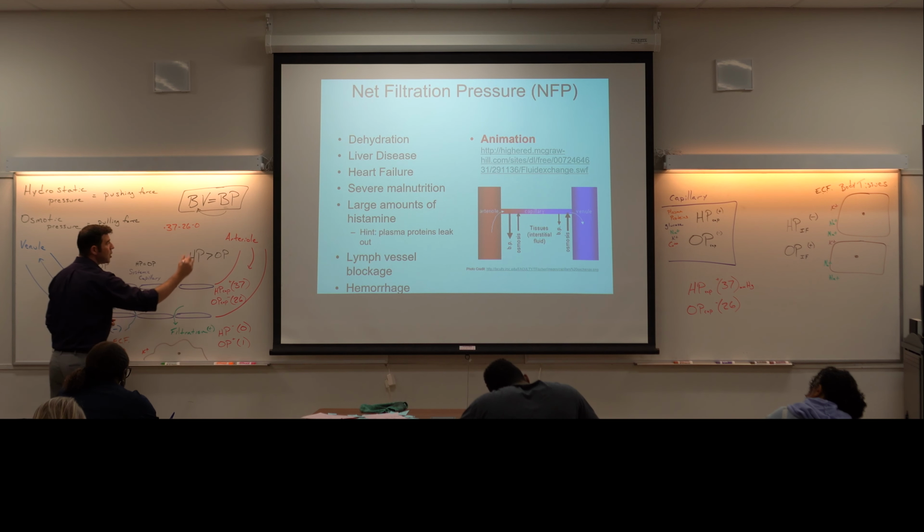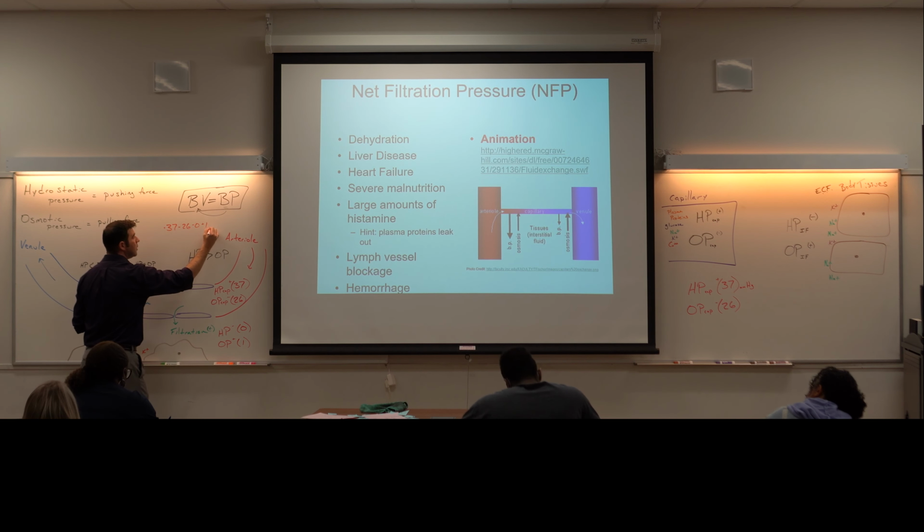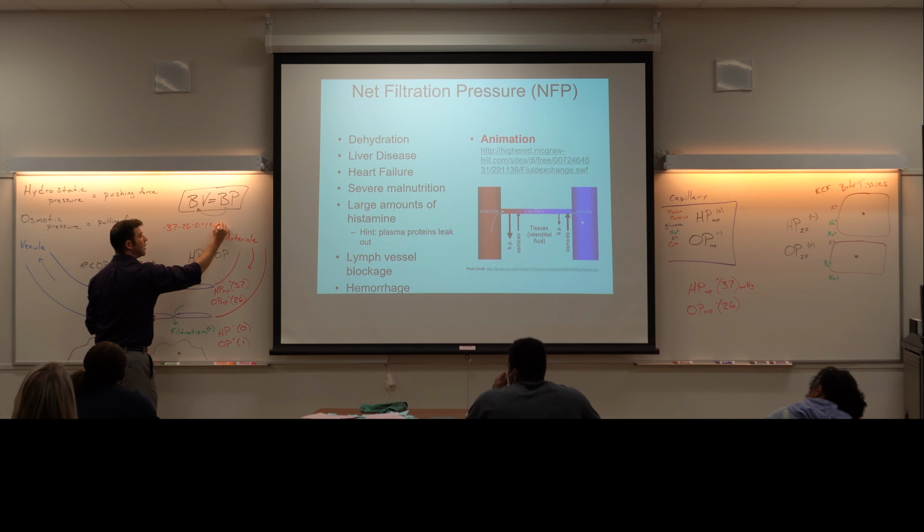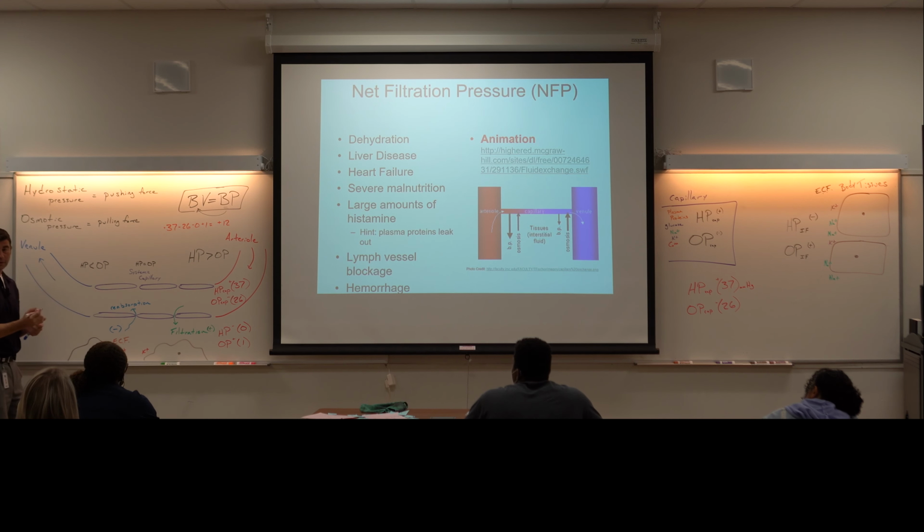And then osmotic pressure, that's another positive number. So if we do this, we've got 38 minus 26. Maybe you can tell me if my math is correct, but I think that's a plus 12. You might check me on that. It should be a positive number at least. Plus 12.